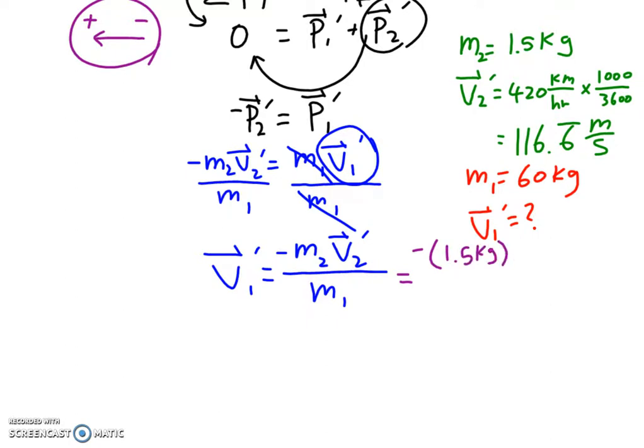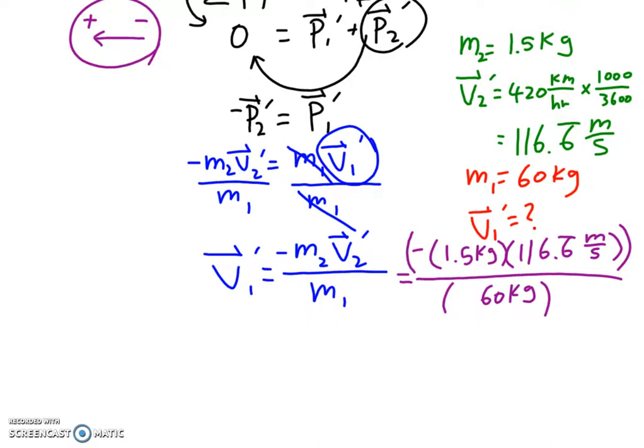So 1.5 kilograms times 116.66666 meters per second. Since I have this number in my calculator, I can just use the second function answer, which a lot of Texas Instruments calculators have, divided by our m1, which is 60 kilograms.